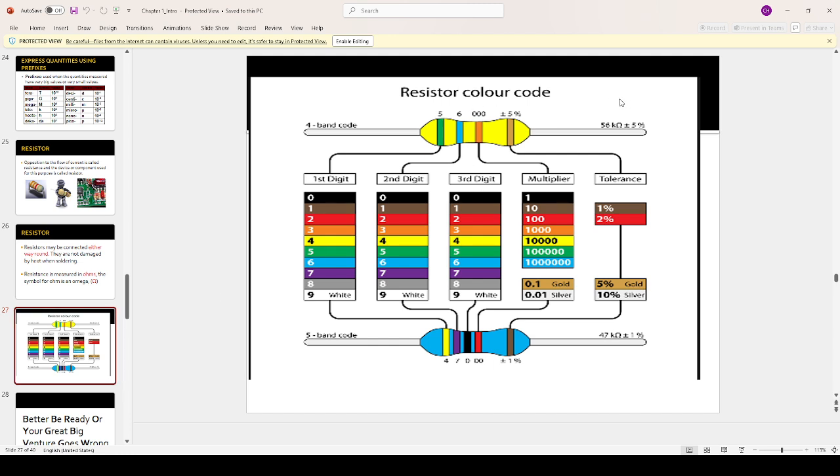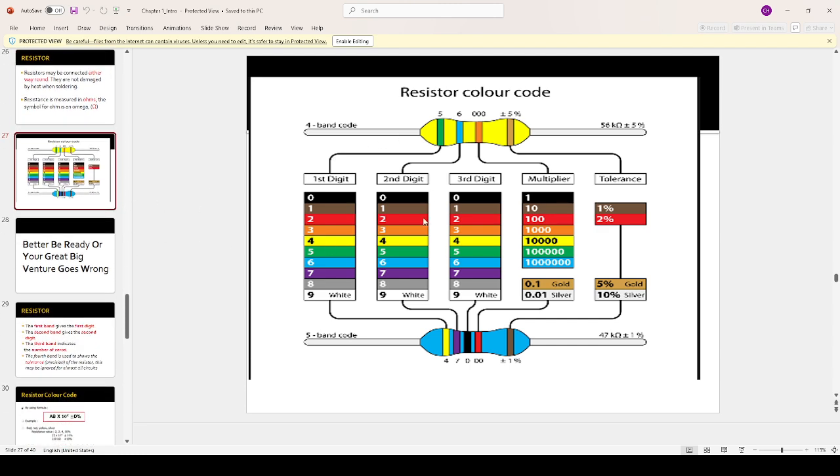Okay, this is the resistor color code. Usually there are 4 bands, 1, 2, 3, and 4. To calculate this, look at the color codes. In the first and second bands, you will see digits 0, 1, 2, 3 until 9.